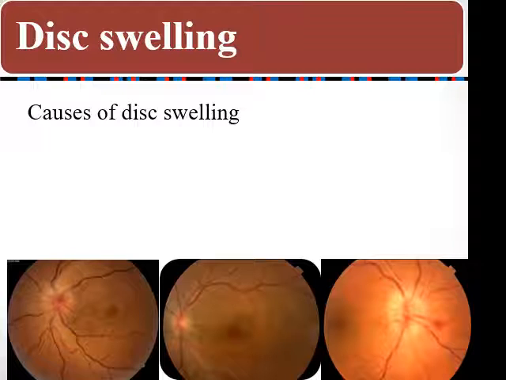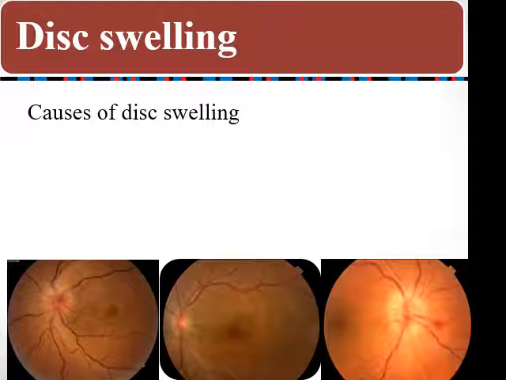Inflammation of the optic disc, that is papillitis, presents with a red swollen disc. Other inflammatory conditions of the eye, such as uveitis and posterior scleritis, are associated with disc swelling. The second most common optic neuropathy is anterior ischemic optic neuropathy.